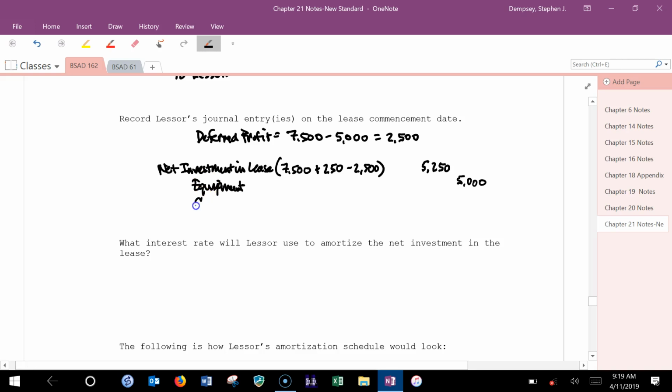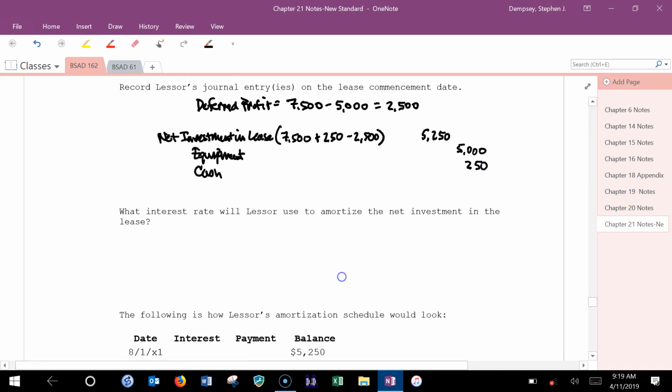And they have to pay cash for the sales commissions of $250. Those are in the initial direct costs. Okay? Any questions on that? You'll see what happens to this net investment in lease in a second.